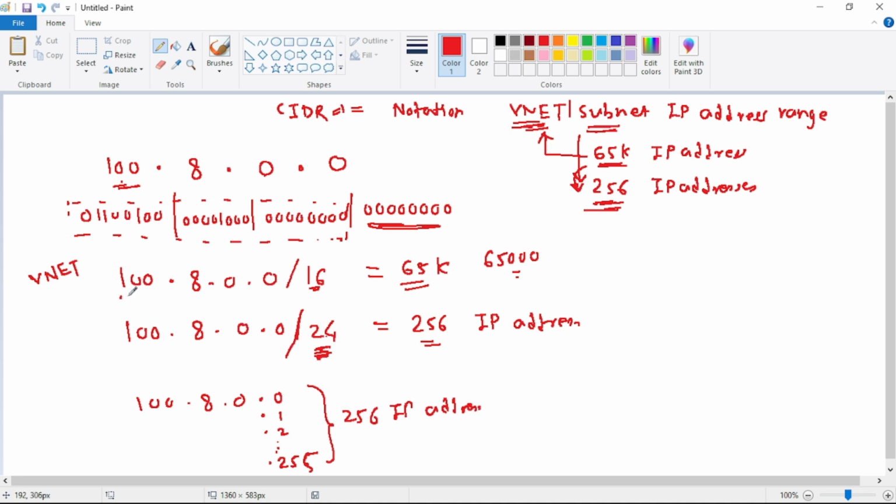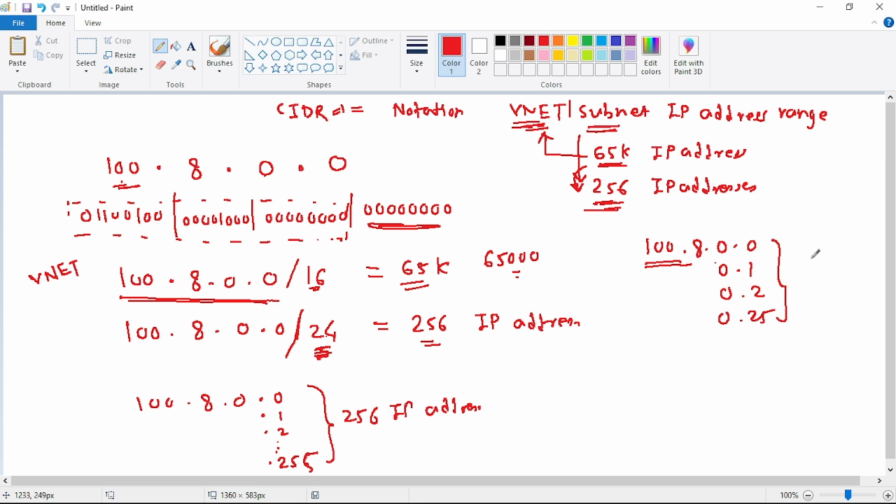Similarly, if you try to understand this other example, with 100.8, only this part will be constant in that IP address range, but after this it can be 0.0, 0.1, 0.2, up to 0.255.